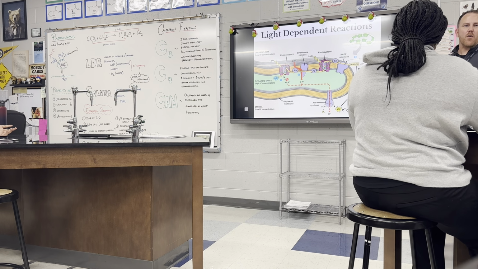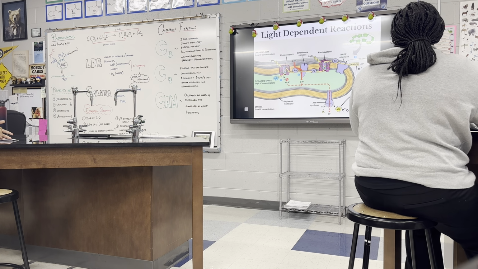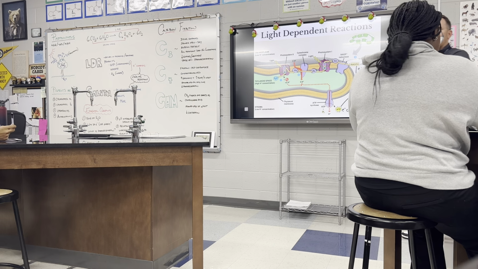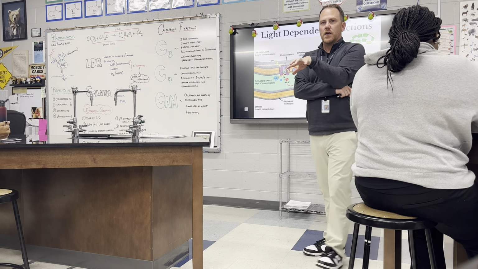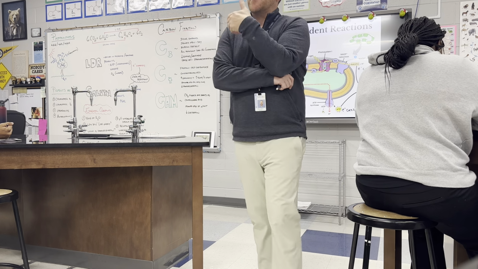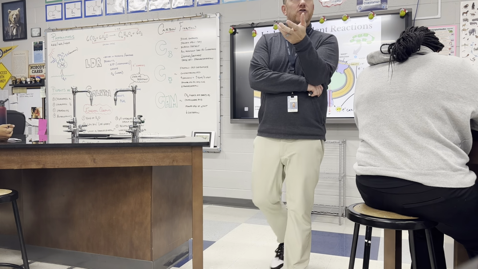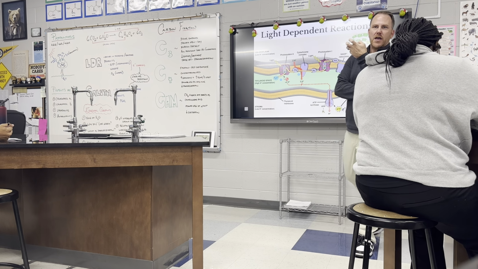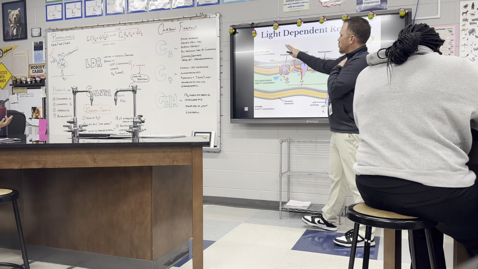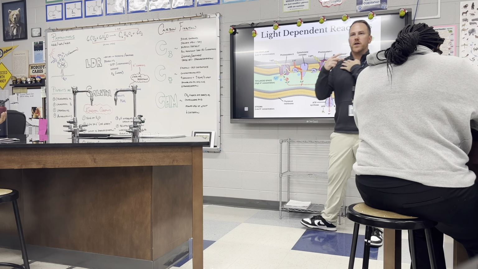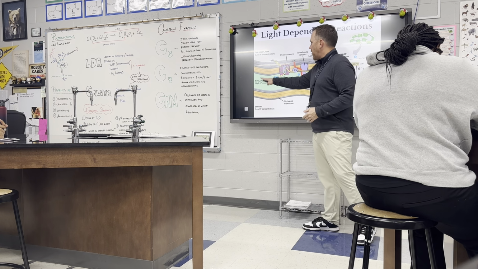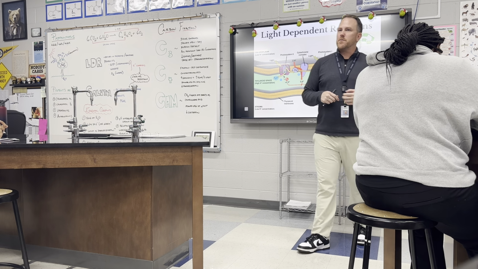So one thing I want you to pay attention to is the pH difference between the stroma and the thylakoid space. Because we talked at length about how delicate pHs are and the measurement of hydrogen ions. And that's what pH is. So when we look at the stroma versus the thylakoid space, we can automatically identify that the thylakoid space is going to be much more acidic.